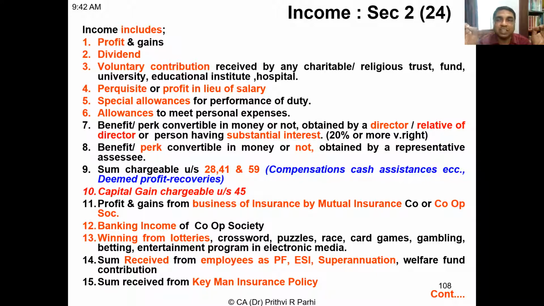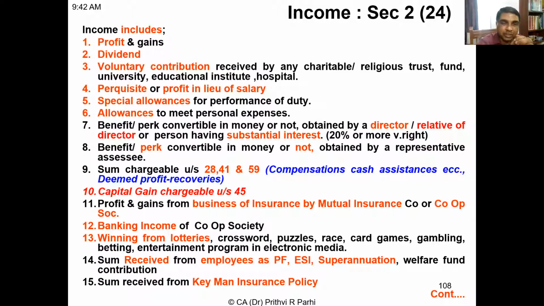It may be received by a director, a relative of the director, or a person having substantial interest. What is substantial interest? It means he has some shareholding in the company. Under the Income Tax Act, substantial interest is understood when a person has 20% or more voting right.